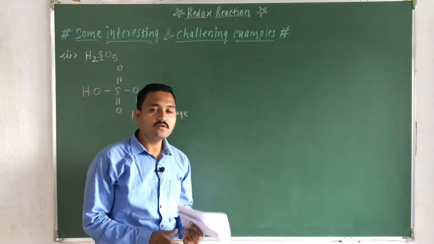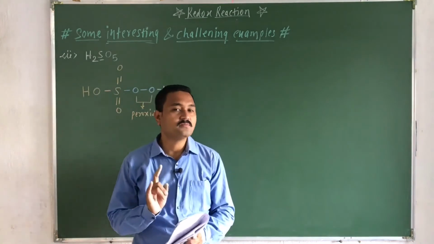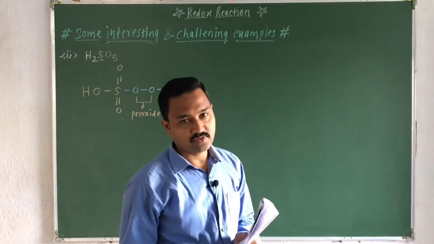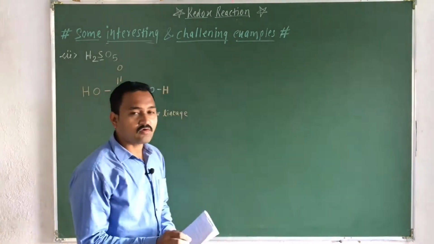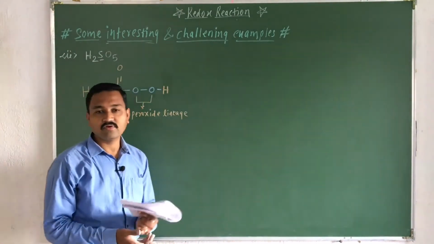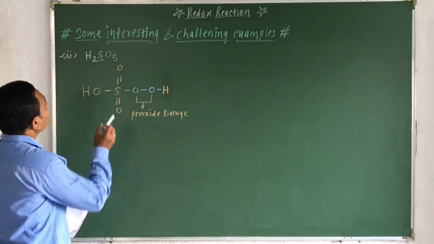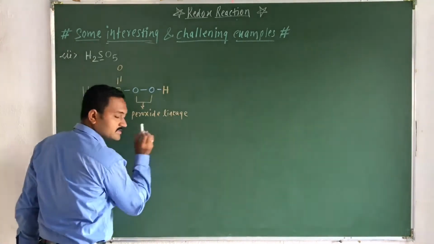Now we have studied the rule for oxygen atom. Now which is that rule? The oxidation number of oxygen atom in all of its compounds is -2, except in peroxide and superoxide, where its oxidation number is -1. So now let us calculate the oxidation number for sulfur by considering the structure.